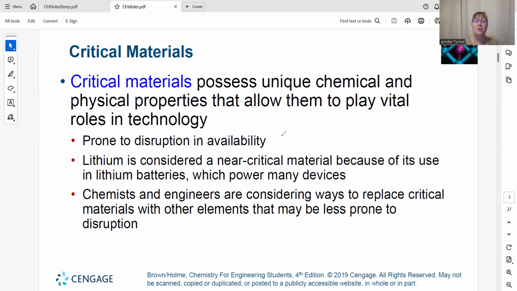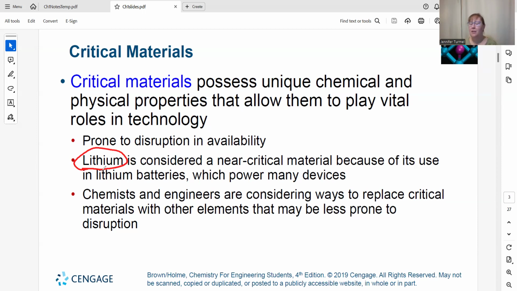They are prone to disruptions in availability. Sometimes they are not the safest things to remove from the earth. For example, lithium. This is considered a near critical material because it's used in lithium batteries that power a whole bunch of different things, but then it's also hard to get.